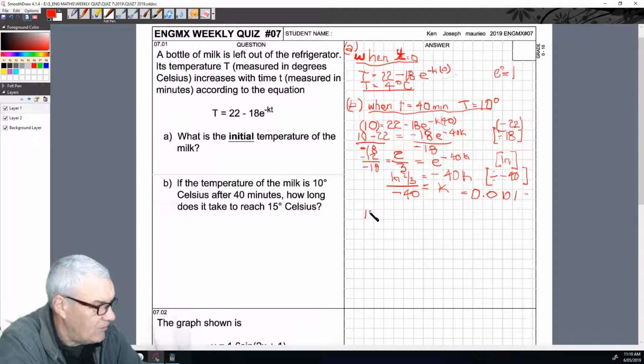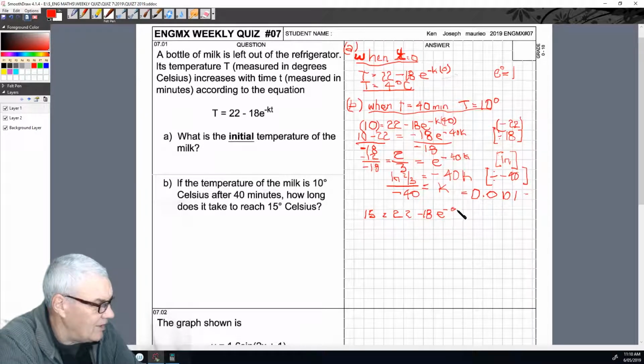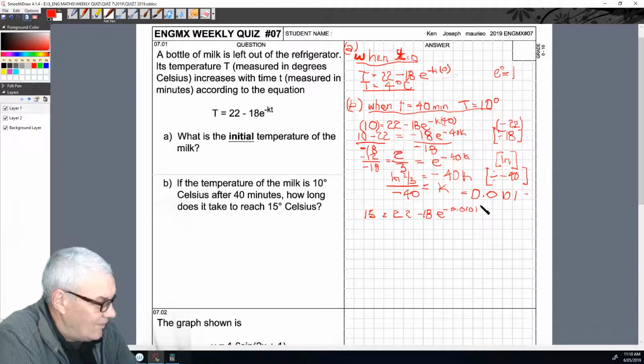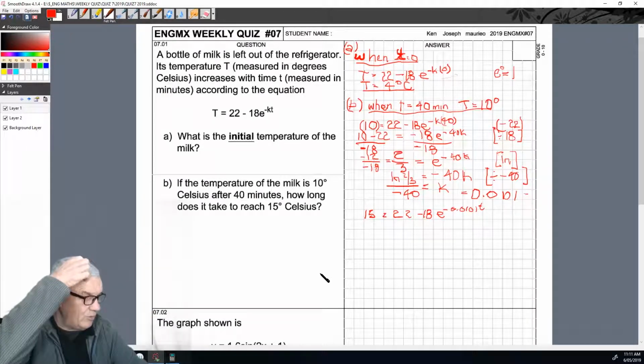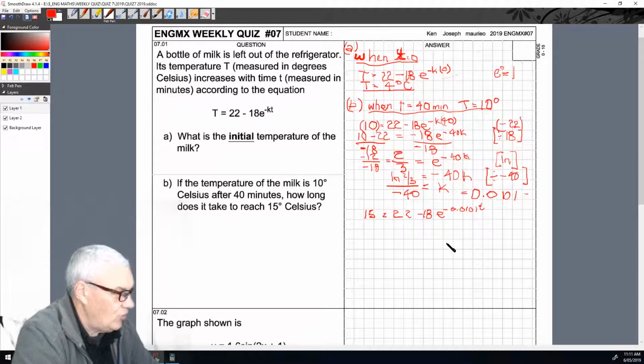So that's when 15 equals 22 minus 18 e to the negative, now we know what k is, 0.0101 t, and that's what we're trying to find.